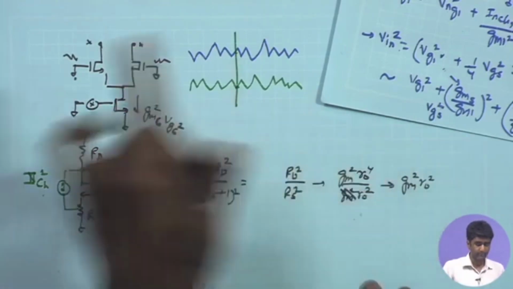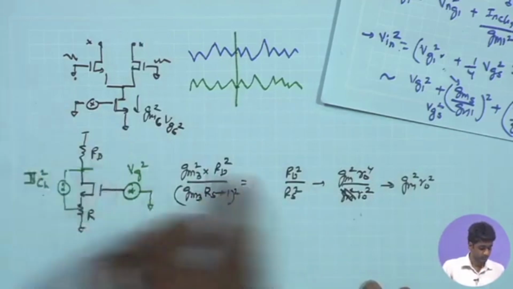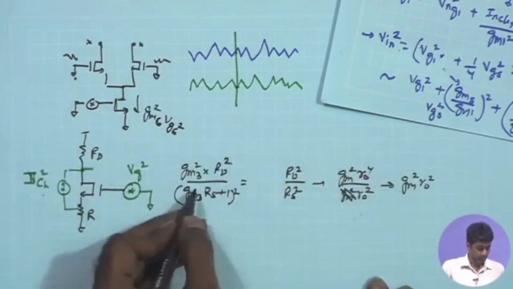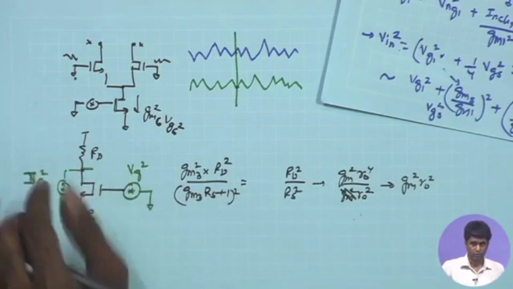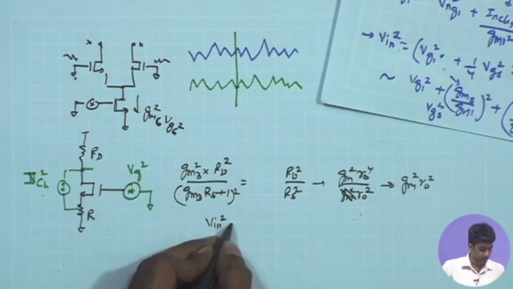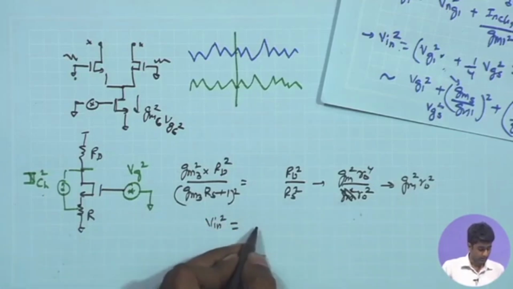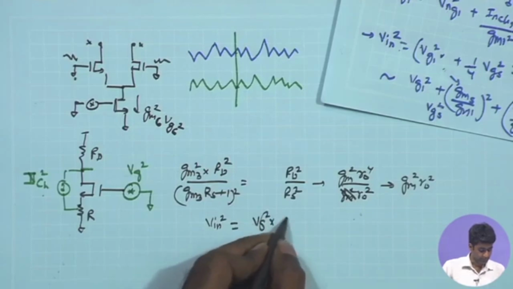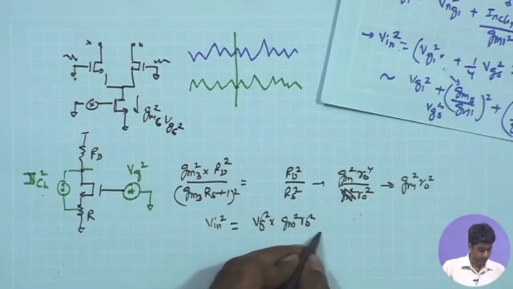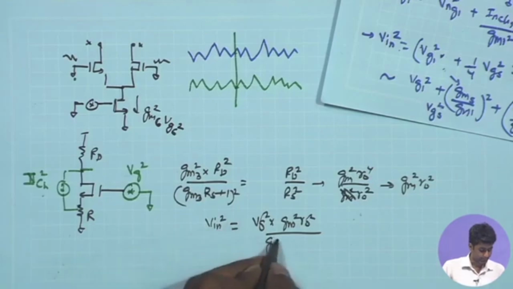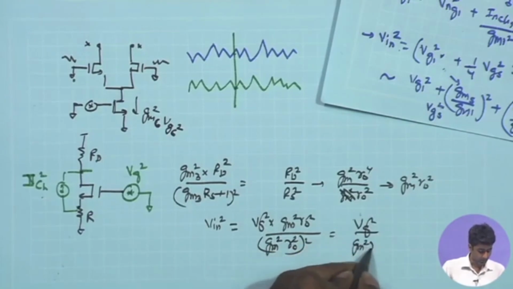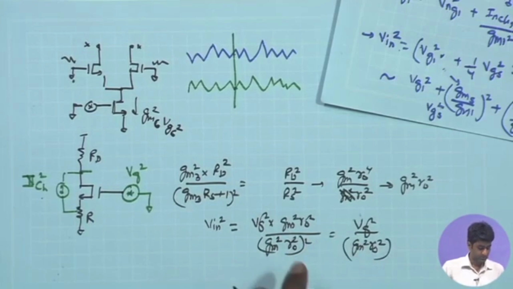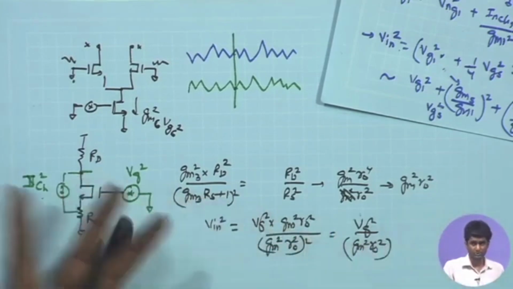Now if I look at the input referred noise, this needs to be divided by the overall gain, which is (gm RO) whole square. So VIN square because of this is going to be VG square times gm square RO square divided by (gm square RO square) whole square, and therefore this is going to be VG square upon gm square RO square, which is a significantly smaller contribution as compared to other devices.